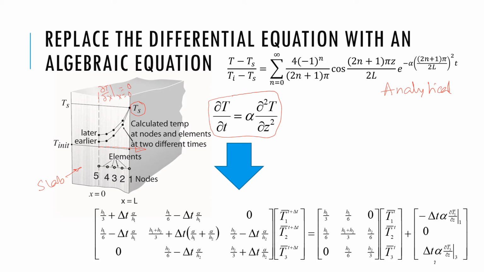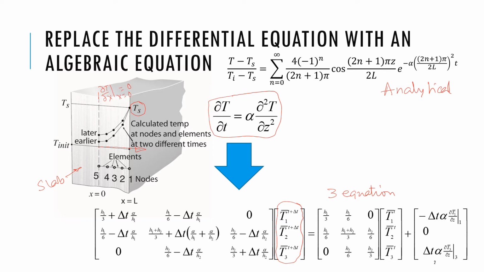So this is a matrix of 3 equations, okay? And so these are linear algebraic equations where I can easily solve for the 3 unknowns. Now, I am showing 3 as just a representative.